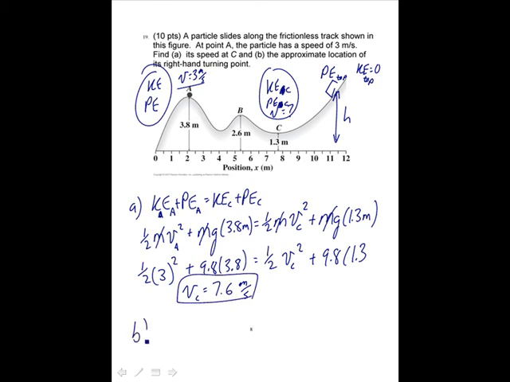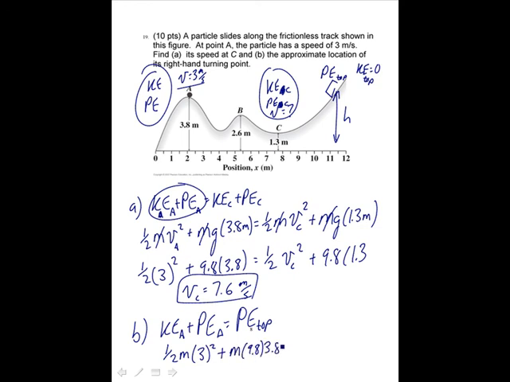For part B, kinetic energy at A plus potential energy at A is equal to the potential energy at the top, at the furthest right-hand point. We do the same thing: 1/2 m times 3 squared plus m times 9.8 times 3.8 is equal to m times 9.8 times h.